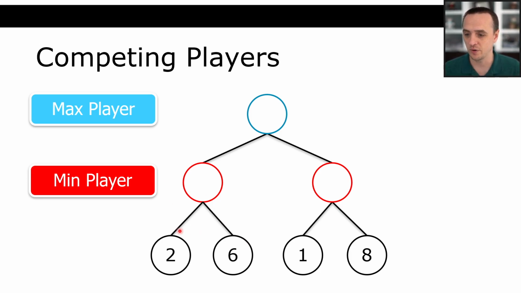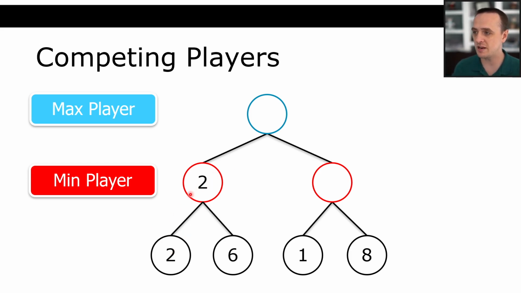And the opponent is going to look at these evaluations and say, I want to minimize those values. So if the minimizing player is currently deciding, and says, oh, look, I could either go to this state where there's a 2 or this state where there's a 6, well, that's my opponent, and they're going to choose to go to the 2 state, right?